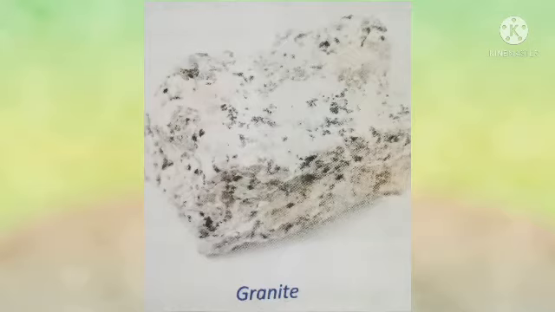It is formed deep underground when hot liquid rocks cool and harden. It is generally used for making statues, kitchen tops, and flooring of houses. So it is used extensively as a building material.